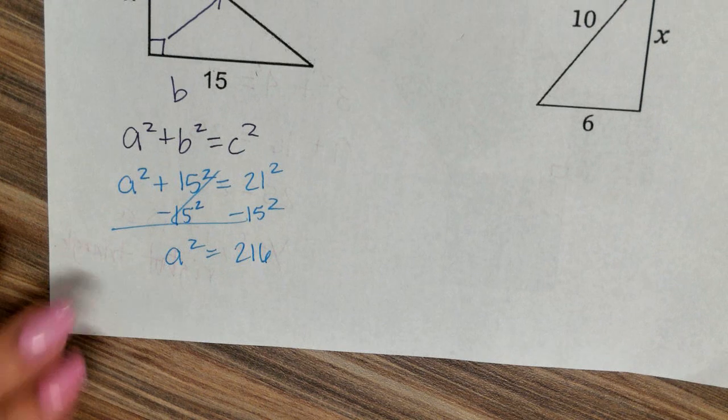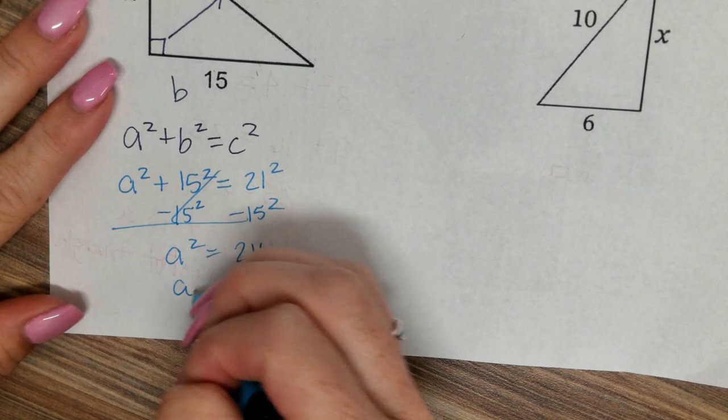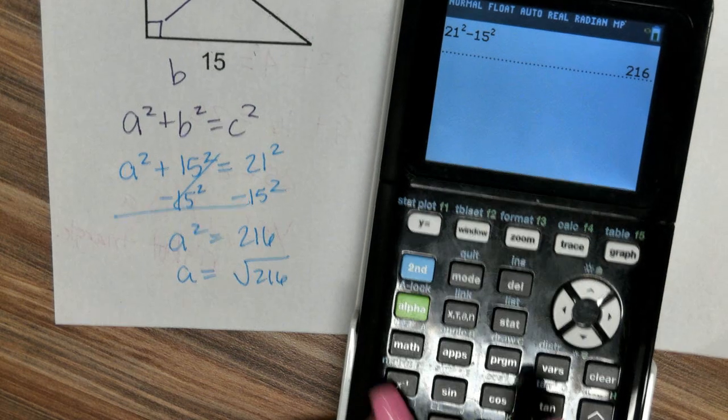Now, is this my answer for side A, or is this the area of the square attached to A? So my last step is to square root it. So A is equal to the square root of 216.